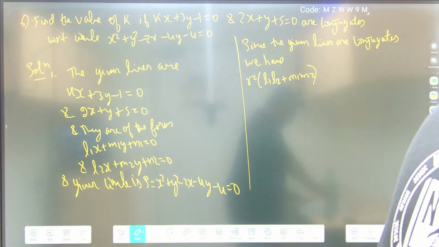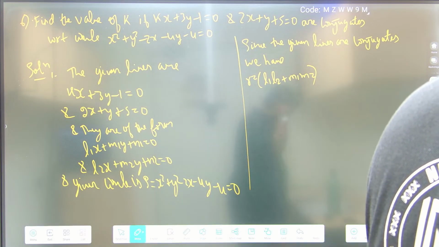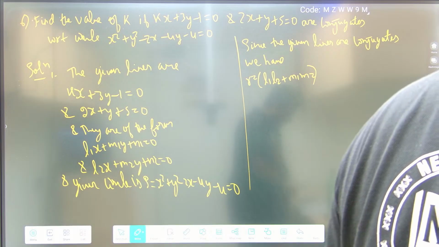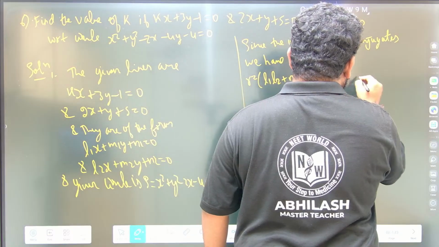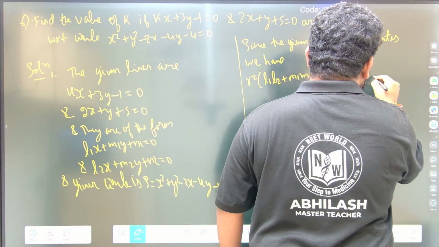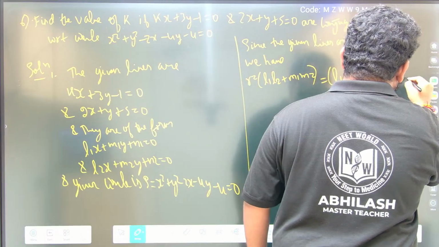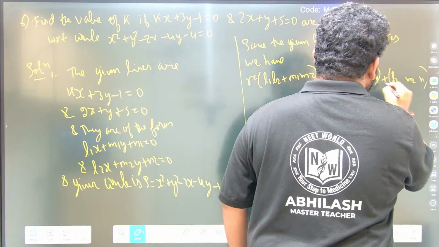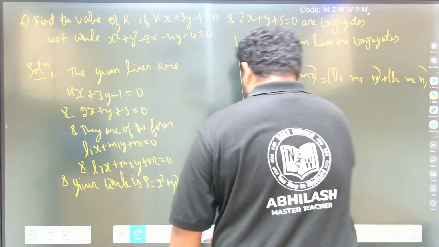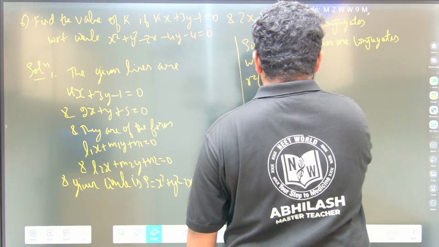You have to write the condition: r² (L1L2 + M1M2) is equal to L1M1N1 plus L2M2N2. Let me write it neatly.